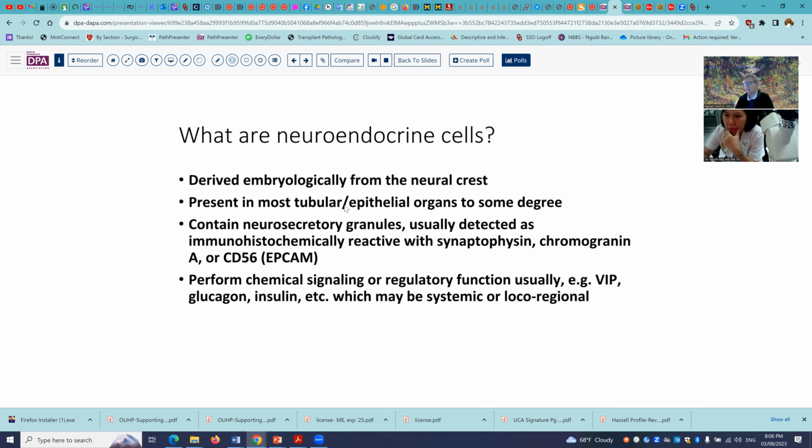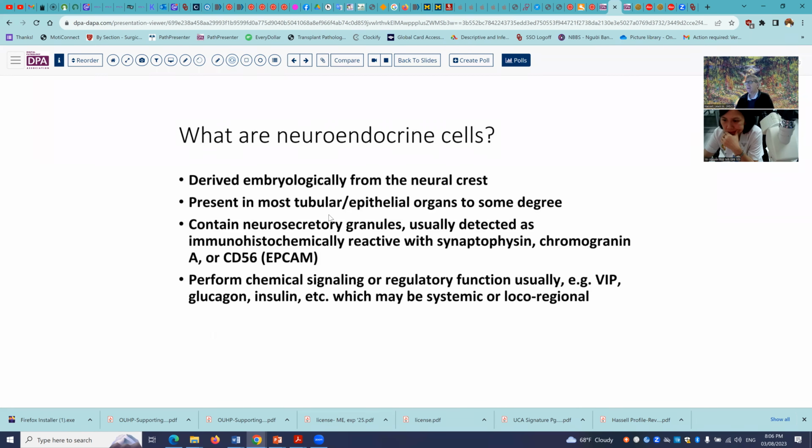Most commonly, this is in epithelial or tubular organs, but we really see them everywhere from essentially the head to the tail, more or less. We don't see them in the extremities to any great degree.